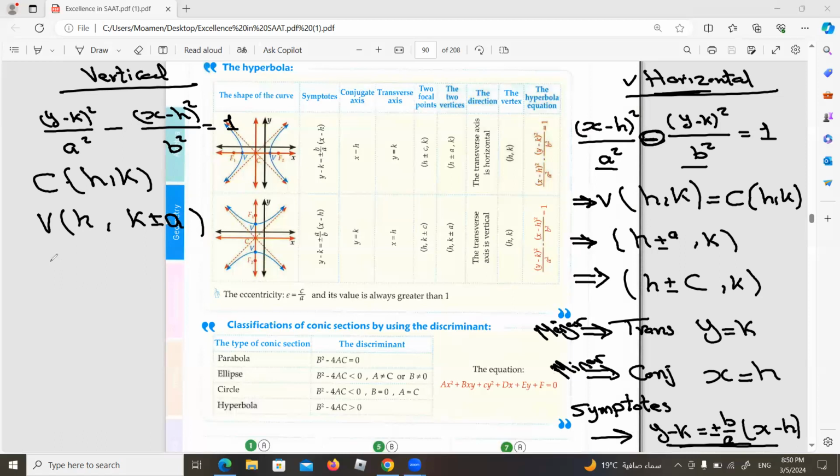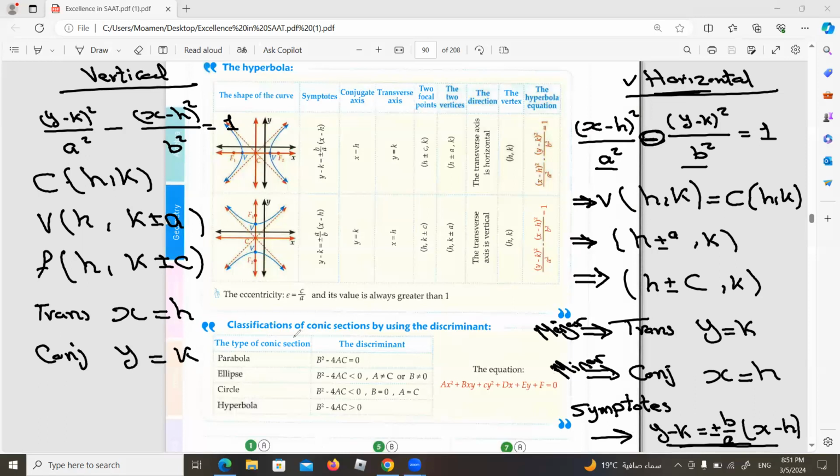What about the foci? The foci, we make h constant and add or subtract the value of c. What about the transverse axis? The transverse axis, it's like the major axis, so it will be x equal h. What about the conjugate axis? The conjugate axis is like the minor axis for the vertical ellipse, which is y equal k.